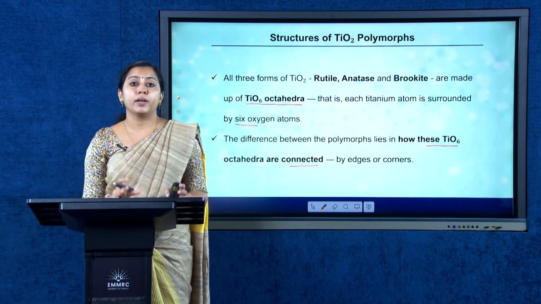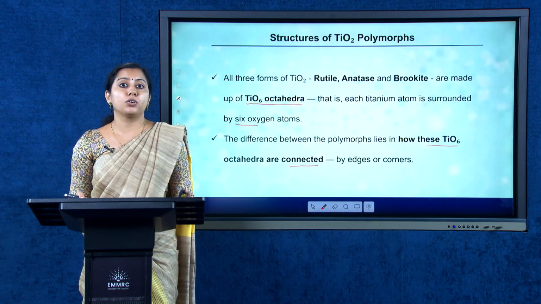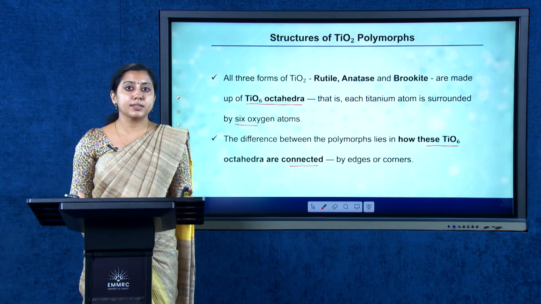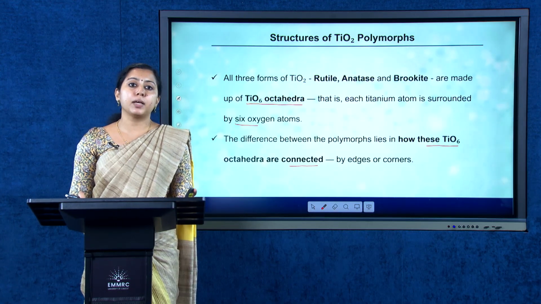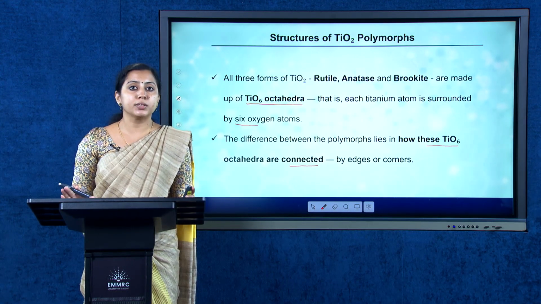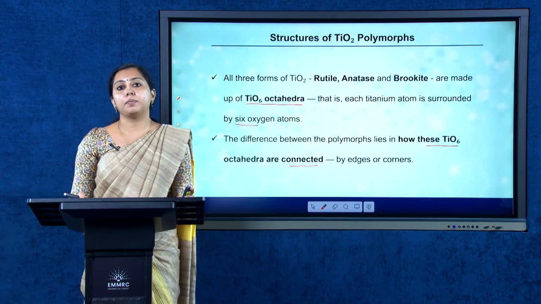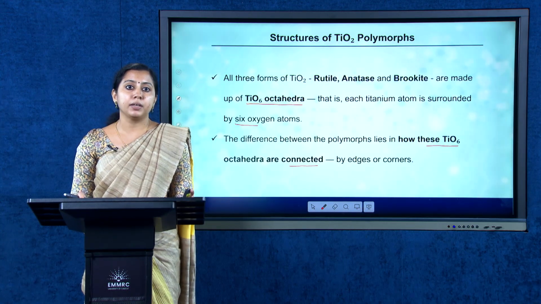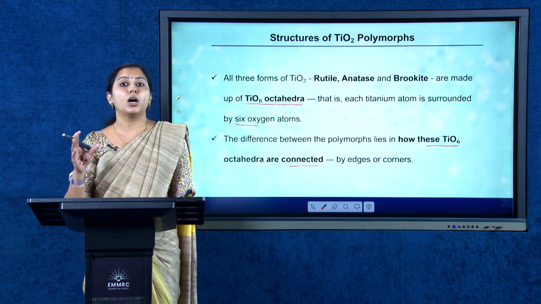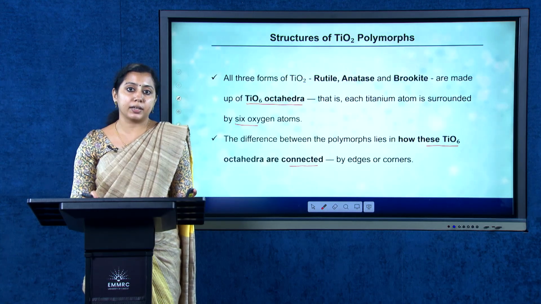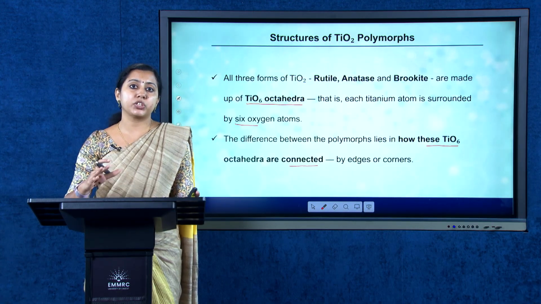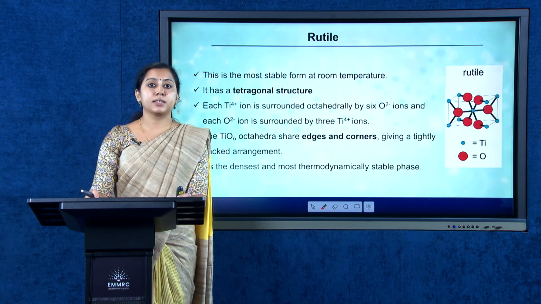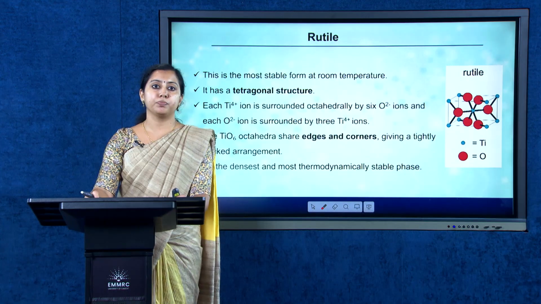So, whether it is rutile, anatase or brookite, all three polymorphs are made up of TiO6 octahedra, but the difference lies in how these octahedra are connected, whether they are edge sharing or corner sharing. Now let us discuss the crystal structures of each polymorph.